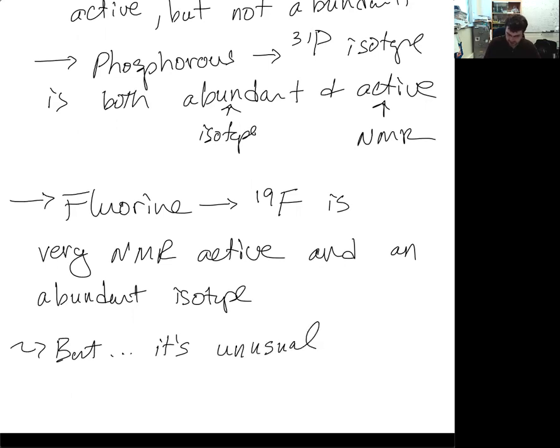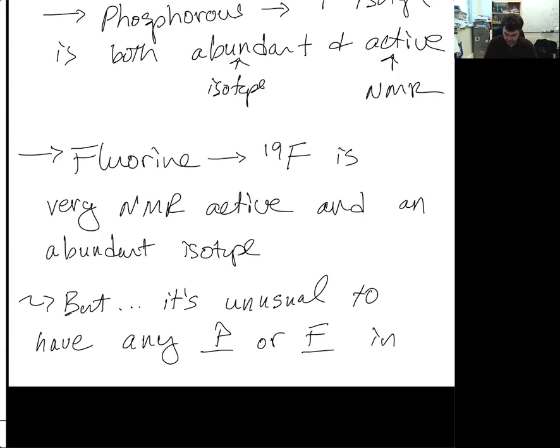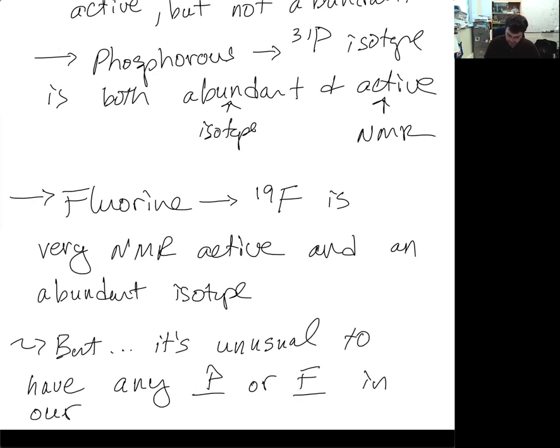Not that these molecules aren't helpful and useful in themselves, but they're just unusual to have any phosphorus or fluorine in our molecules. What else? What other elements are NMR active and highly abundant could we study?